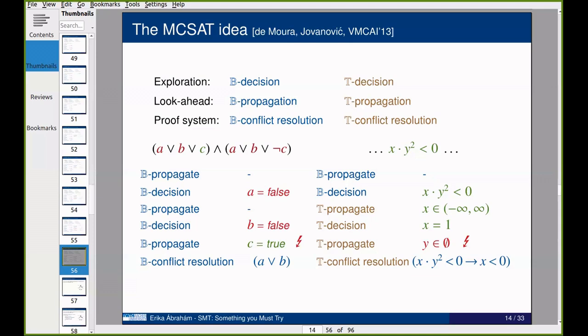And this is great. And this made the same impact as SAT solving got through the combination of the 3 ingredients. It made the method MCSAT the most competitive one for real algebra.